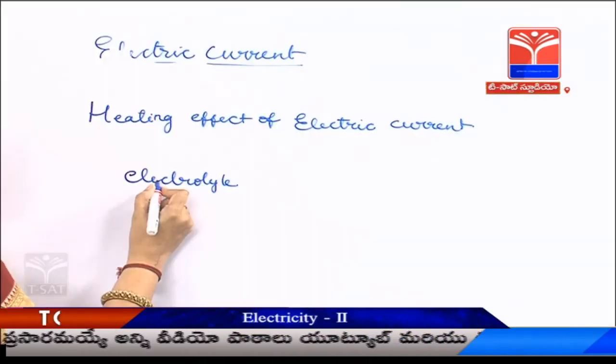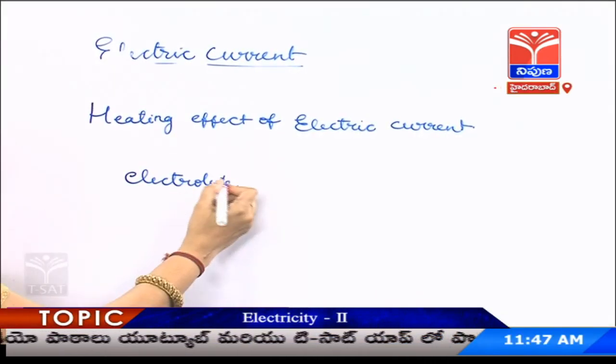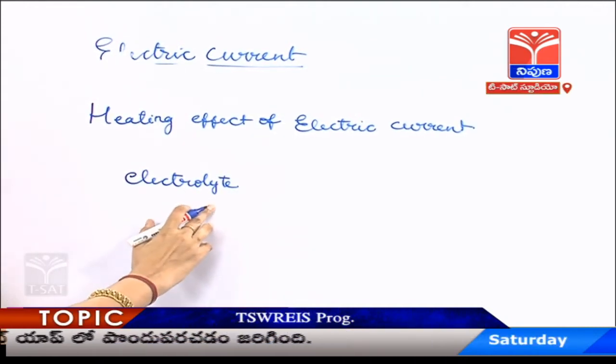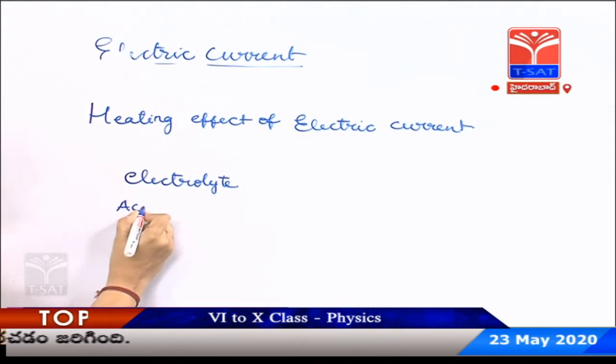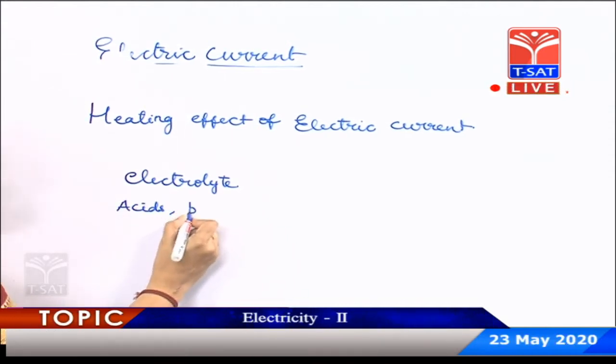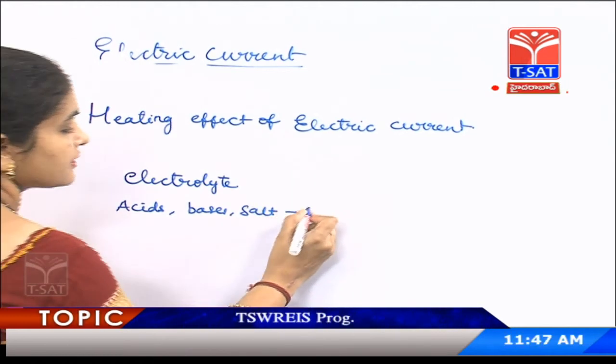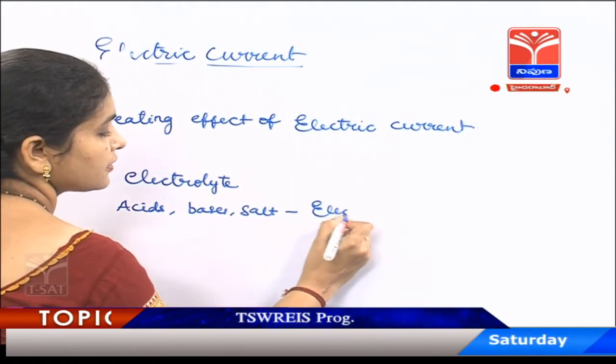The solution through which the electricity is passed is known as electrolyte. Acids, bases and salt solutions are examples of electrolytes.